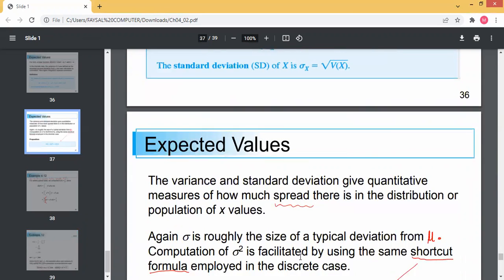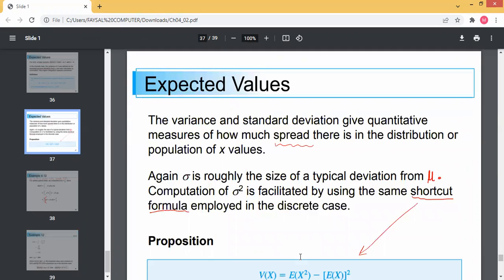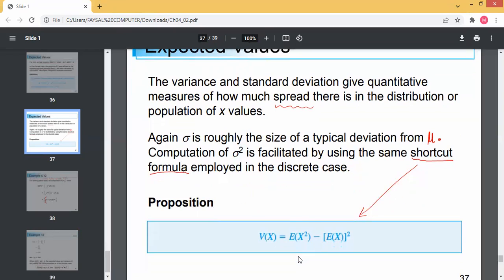Again, V(X) is also related to my expected value, but the variance and standard deviation basically give two types of things. First is my V(X) value, which consists of two values. First value is E(X square), then the second value is E(X) whole square.